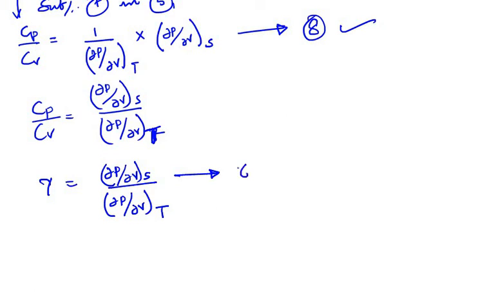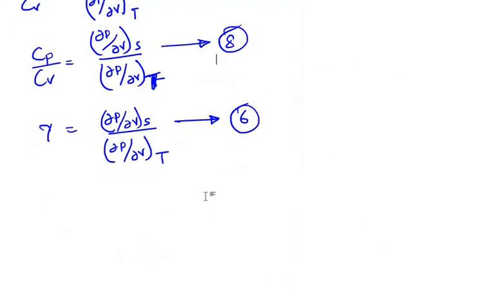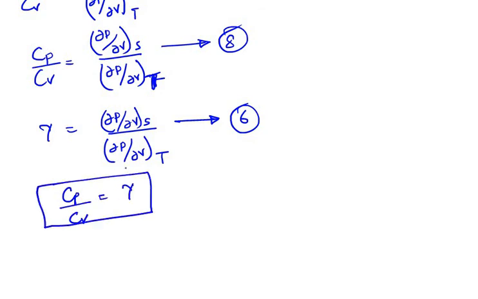So if you compare equation 6 and 8, the right hand sides are equal. So I can say the left hand side terms are equal. So I can write Cp by Cv is equal to gamma. Hence it is proved that Cp by Cv is equal to gamma.